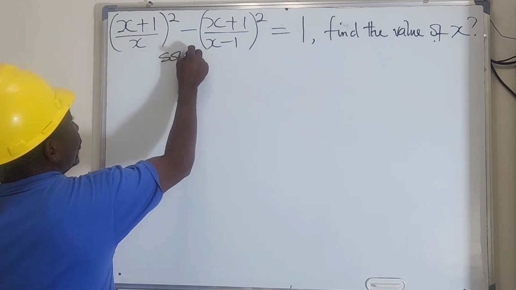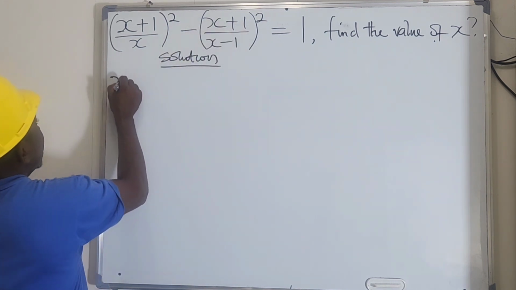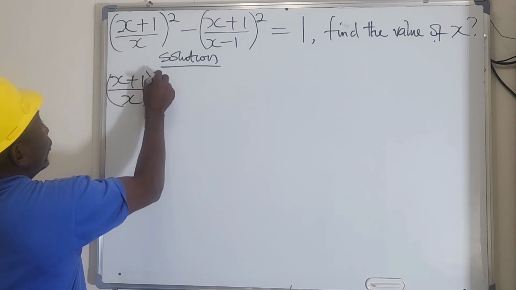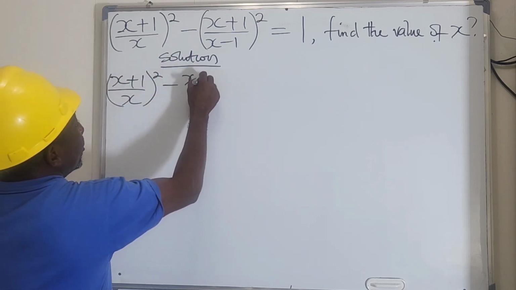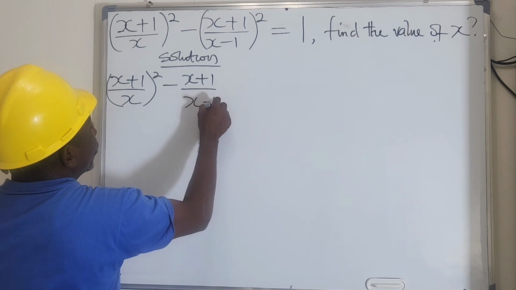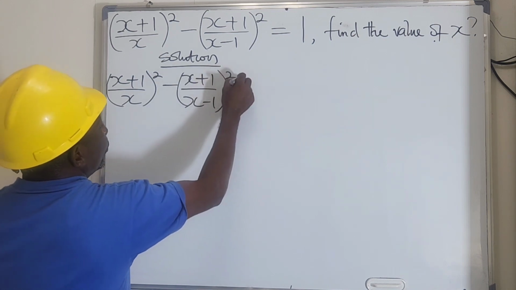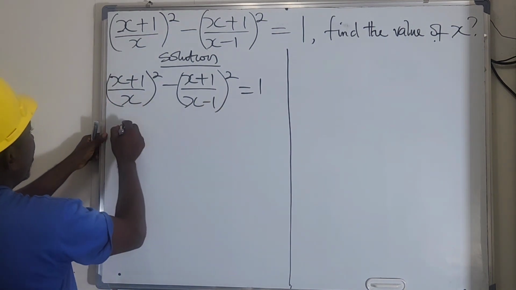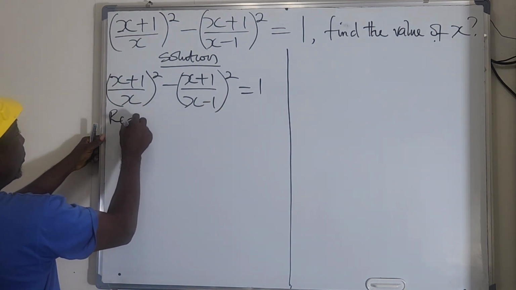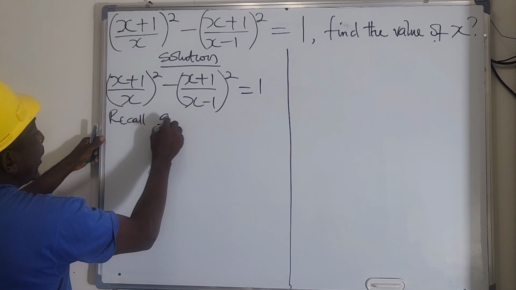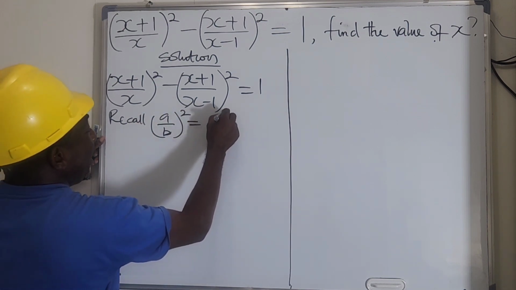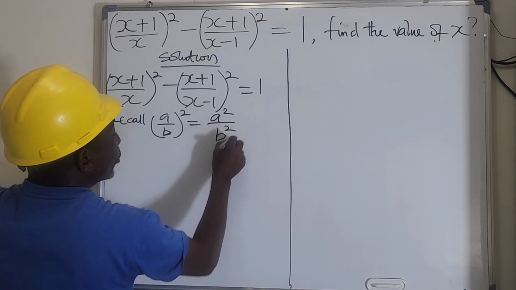So we have the solution. We are given (x plus 1 all over x) all to the power of 2 minus (x plus 1 all over x minus 1) all to the power of 2 equals 1. So this will become, okay, we recall that when we have a all over b raised to the power of 2, we can rewrite it as a squared all over b squared.